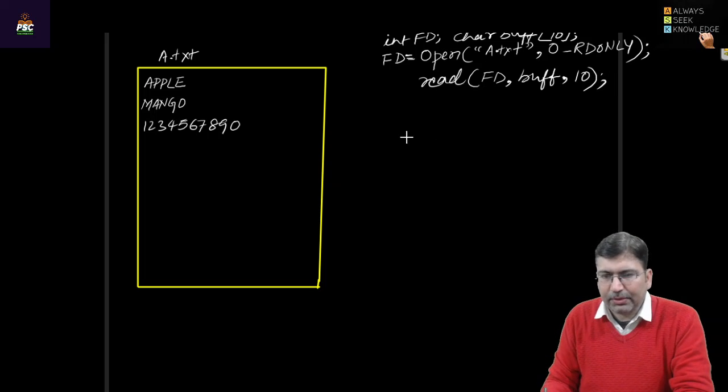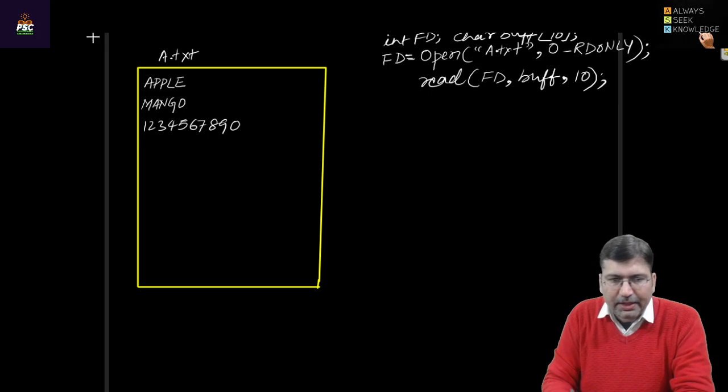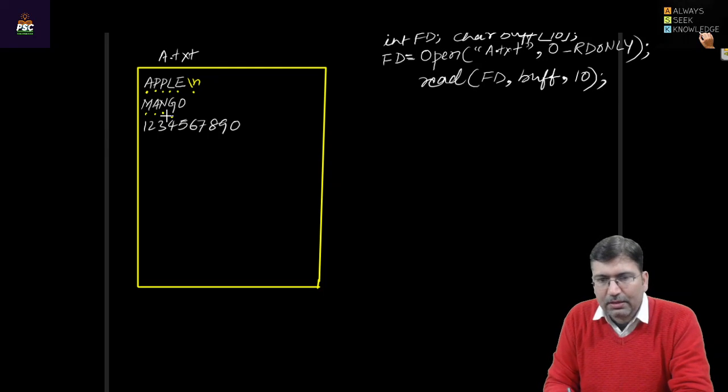By default, what will happen when I read it, in this buffer 10 characters from the beginning will be stored. So let's say this is the very first character, second character, third, fourth, fifth, and there may be a new line here. So let's say fifth and sixth, seventh, eighth, ninth, and 10th. So from A to G will be stored in this buffer, right?